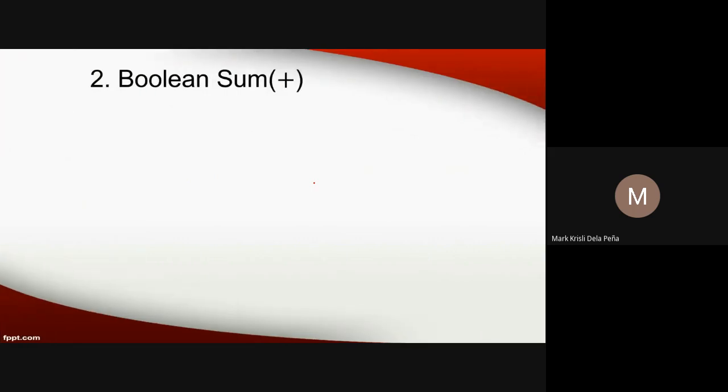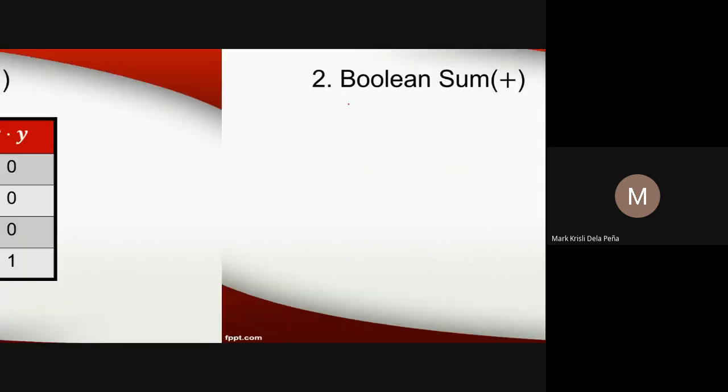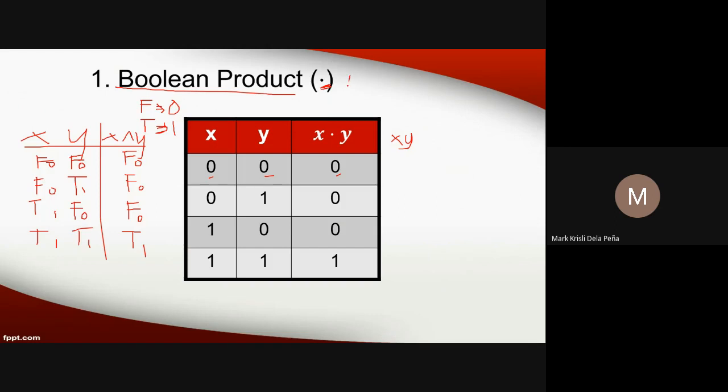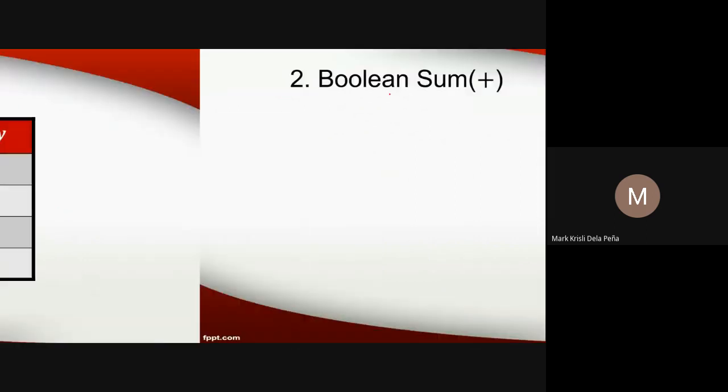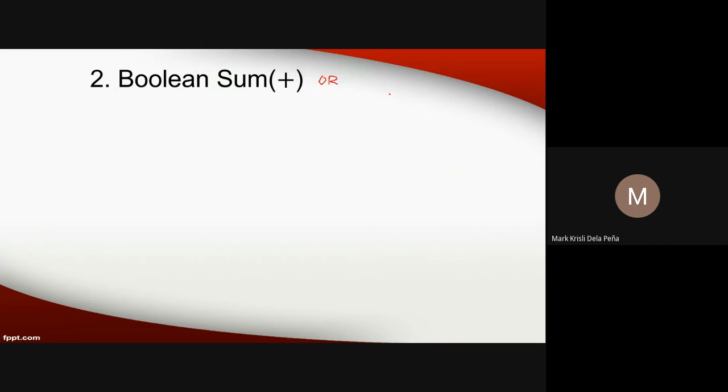So we also have the Boolean sum, or the OR. This is OR. The previous one is AND. Just like in the logical connectives, we read this one as OR.